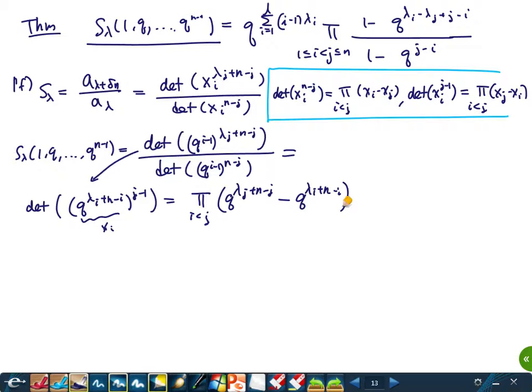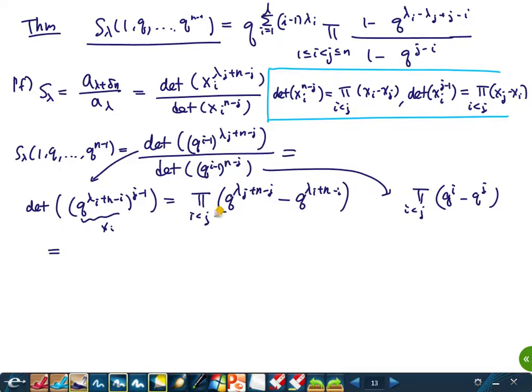All right? What about this? It's exactly this thing, q to the i, q to the j. So we computed this. All we need to do is to simplify the product. Let's simplify this by factoring this out. This is smaller than this, because j is bigger, this is smaller.